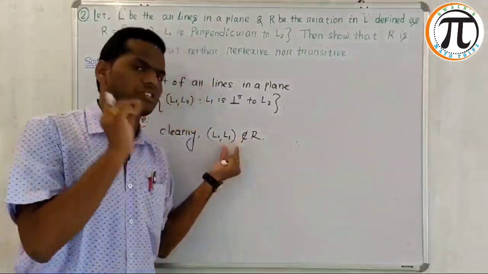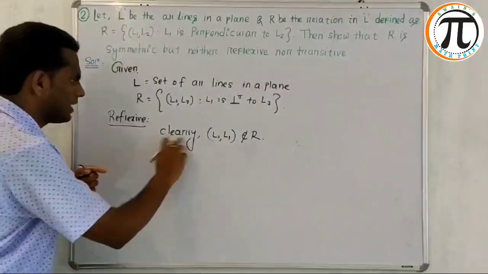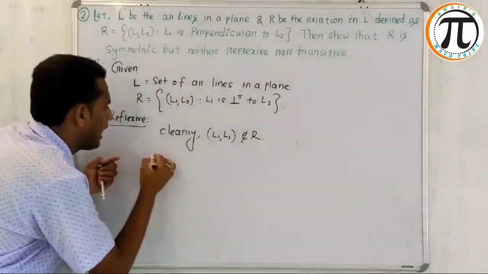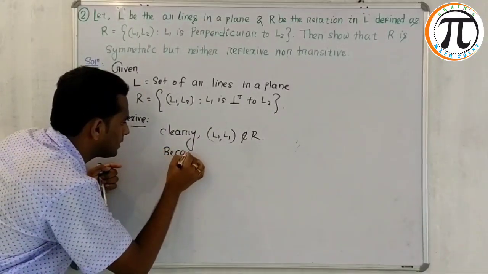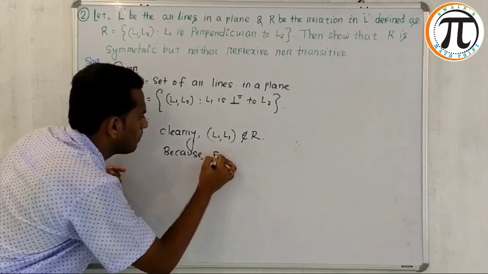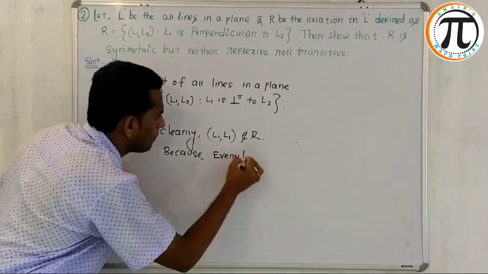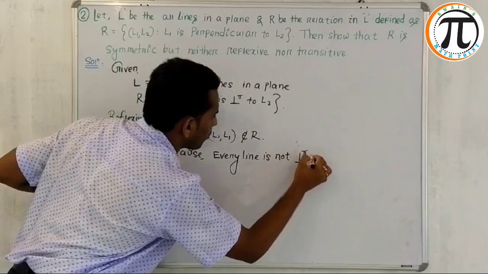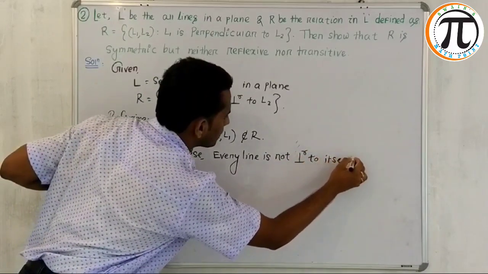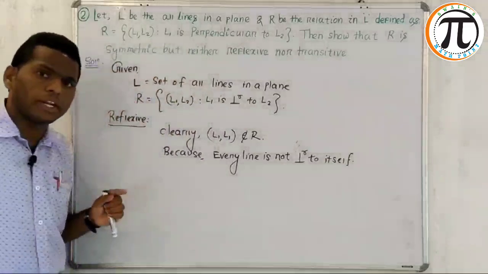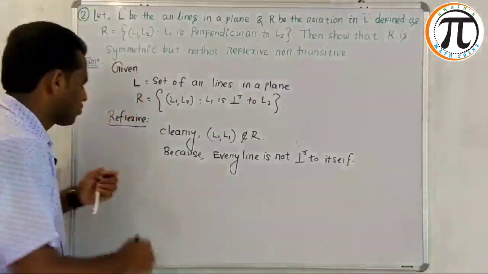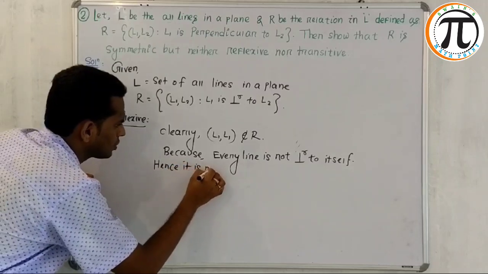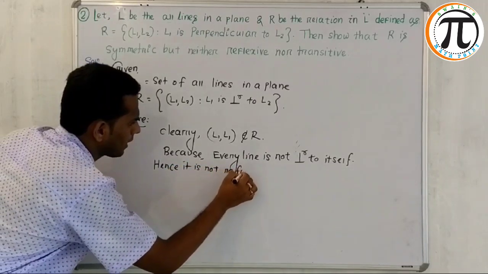So clearly L1 is not perpendicular to L1, that means (L1, L1) will not belong to R, because every line is not perpendicular to itself. Hence it is not reflexive.